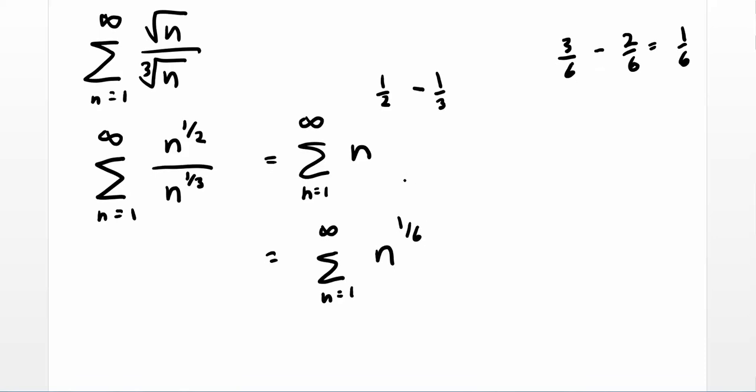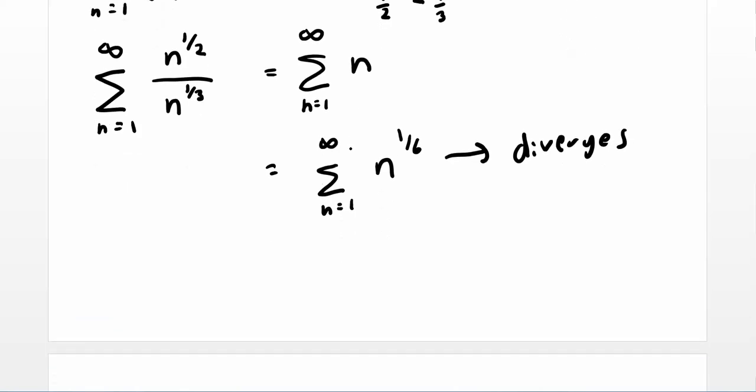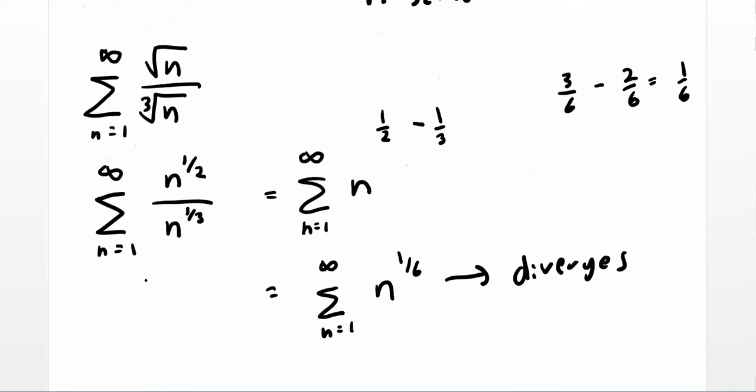Well, actually, this isn't really a p-series. It is, but it's fairly easy to see that this diverges. It's just going to get bigger and bigger. I was thinking it was something more like cube root of n divided by the square root of n.